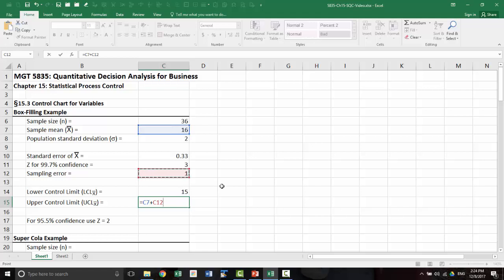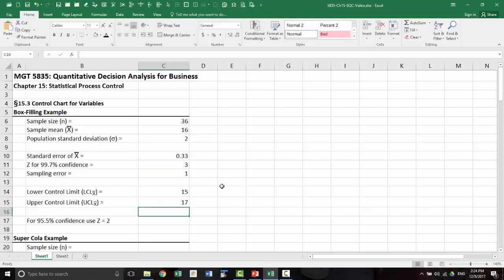Sampling error is z times sigma sub x bar. These are your control limits. Of course, if it was 95.5% confidence you want, you will use z equal to 2, and then these will be your control limits.